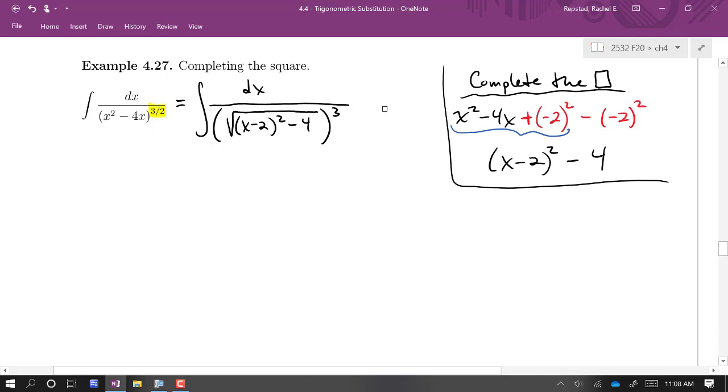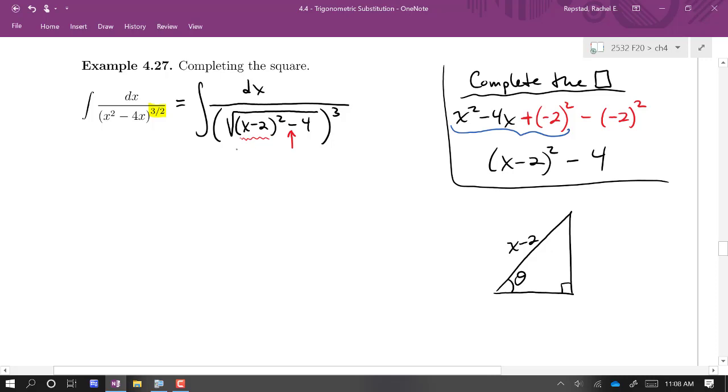So now that we've completed the square, we can see this does fit that form that we need to be able to draw a right triangle. It's a subtraction inside, and so the hypotenuse, when we start this out, has to be labeled as x minus 2. So there's x minus 2 on the hypotenuse.